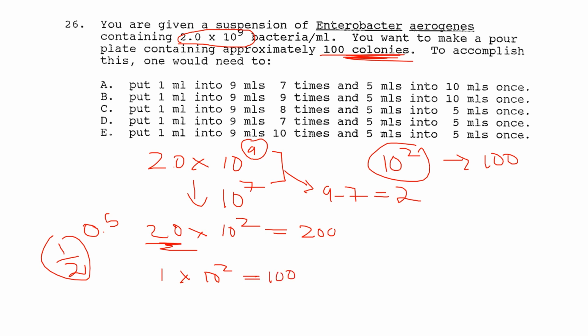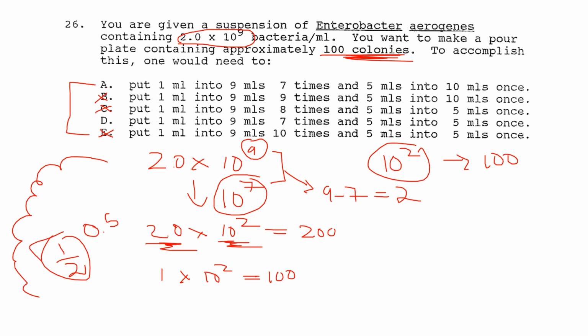So we need to find out which one of these fulfills all of these requirements that we just figured out, right? Remember I said that diluting by 10 to the 7th is immediately going to help us get within range, so we can cross these other guys out because we know they're wrong. So it leaves us between A and D here. And now we need to figure out how we get to this final dilution factor of 1/2, right?